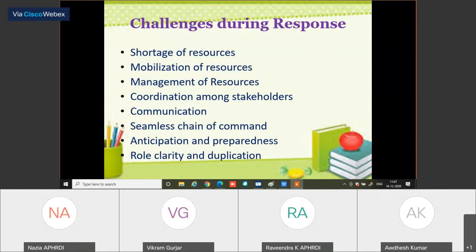We need to have a seamless chain of command. There shouldn't be any ambiguity or doubt. Every order, designation or assignment must be categorically crystal clear to each and every individual, right from top to bottom. And we must have anticipation and preparedness, because as a leader or responder we need to anticipate.